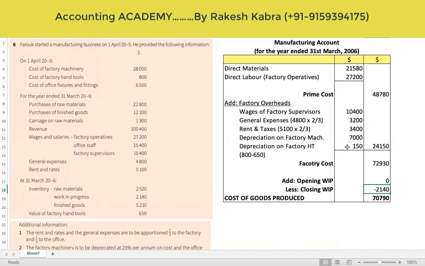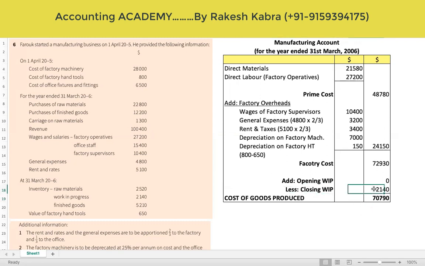As the product is not completed, I will remove that amount so that I can get the cost of goods which are actually finished, in finished condition, ready to sell, right?